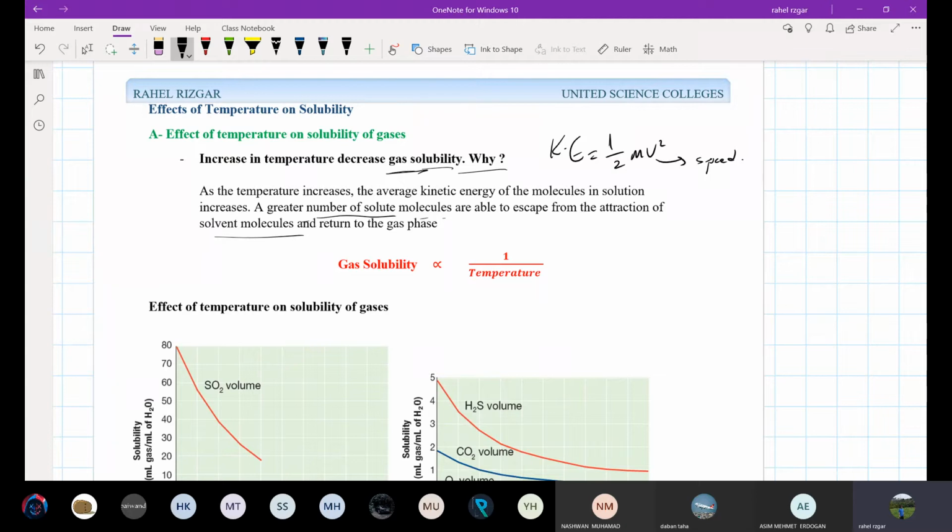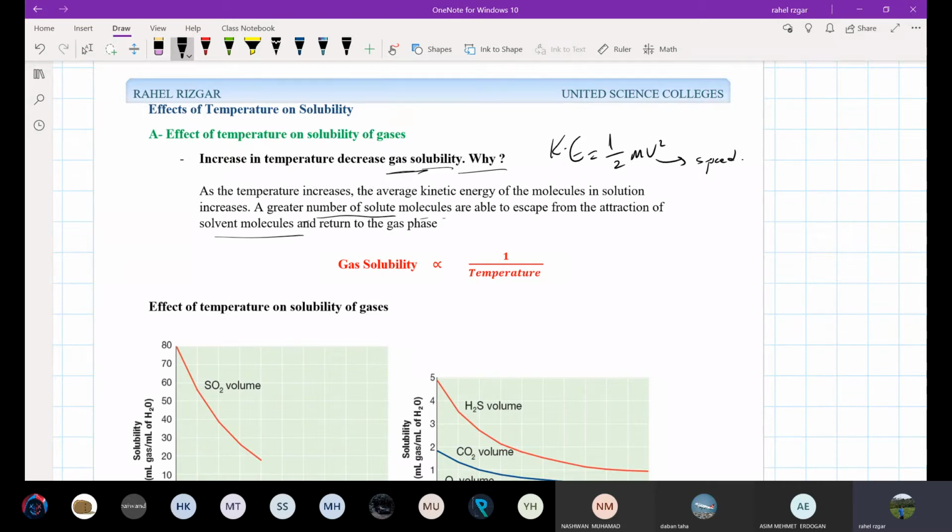For example, imagine this. You leave a carbonated beverage, a soda, open. One is in the fridge in a cold place where the temperature is low, and one is outside where the temperature is high. Which one do you expect to keep more gas?